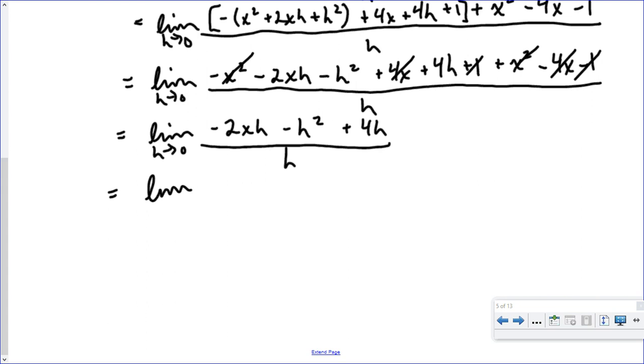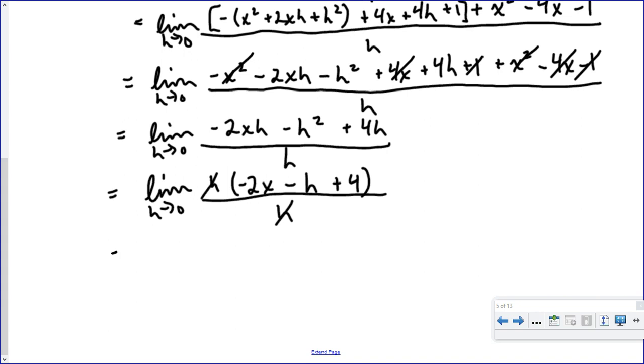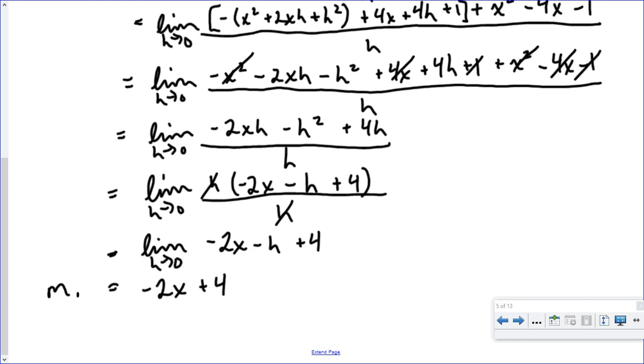Now I can factor h of negative 2x minus h plus 4, cancel, cancel, limit as h approaches 0, negative 2x minus h plus 4. And now I can substitute h equals 0 in here. I'm going to have negative 2x plus 4. And that's the limit, the slope of my tangent line.